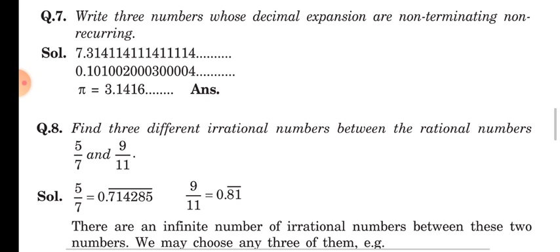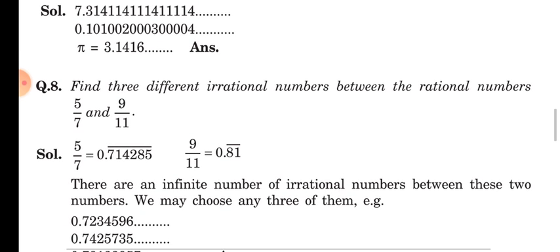Now let us see the last question of exercise 1.3. Find 3 different irrational numbers between the rational numbers 5 by 7 and 9 by 11. That means we have to write 3 irrational numbers between 5 by 7 and 9 by 11.